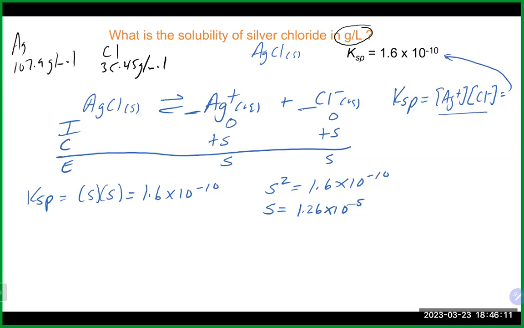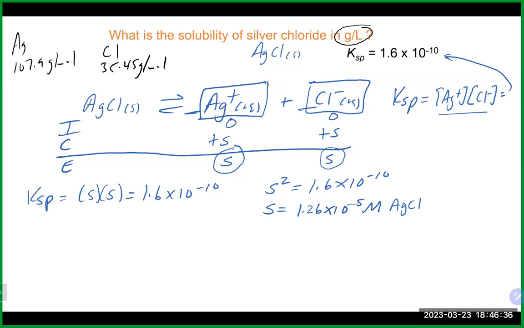So that S again represents the molar solubility. This would really be the molar solubility of silver chloride in this case. It also is obviously the molar solubility of the chloride ions at equilibrium. It is also the molar solubility of the silver ions at equilibrium.